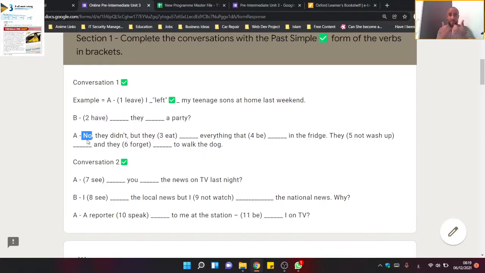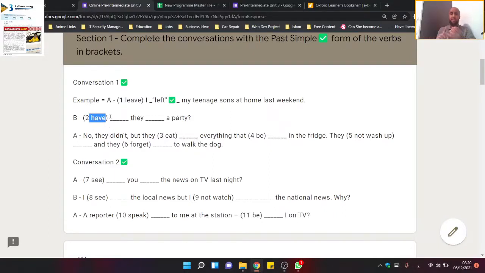Anything to do with a yes or a no answer, you should automatically think about a closed question. With a closed question, guys, we use did to write the question in the past. The main verb, if you remember, is have. Tamam. So have here, we keep it the same.